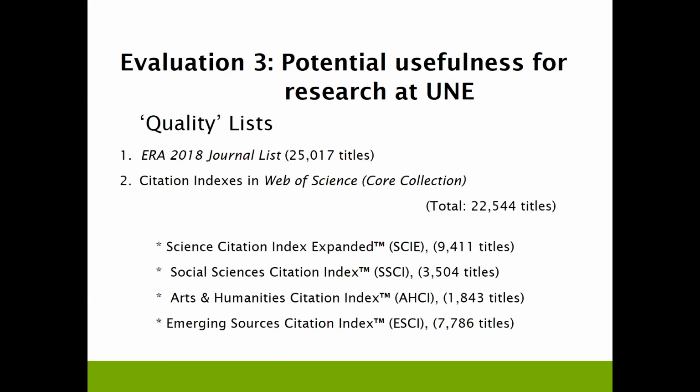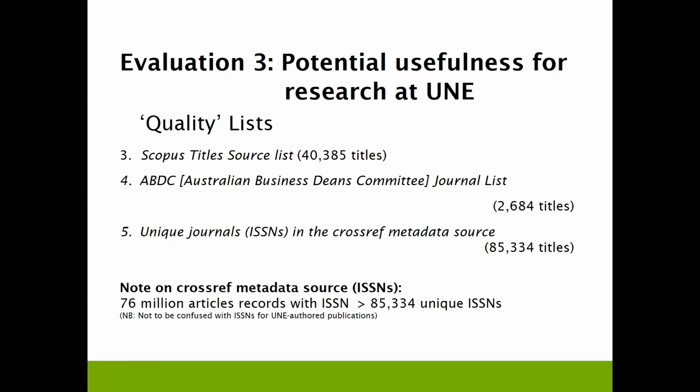These lists were the ERA journal list, 2018, the constituent citation indexes in Web of Science, the Scopus title source list, the Australian Business Deans Council journal list, and then a list that we compiled ourselves, so a list of unique journals in the Crossref metadata source.